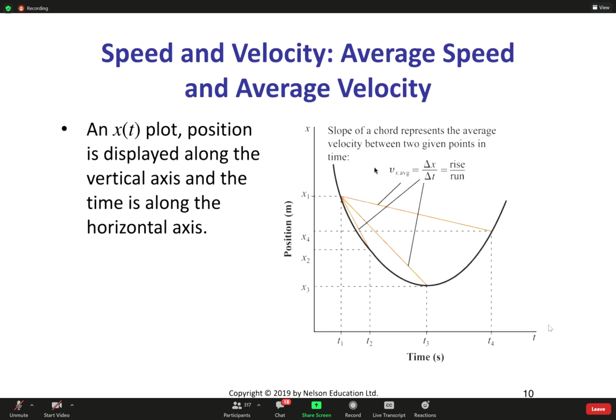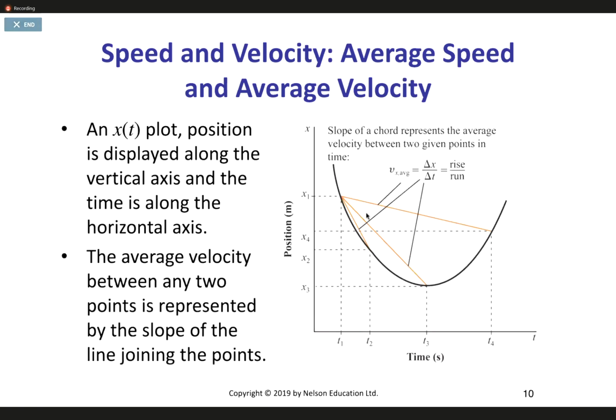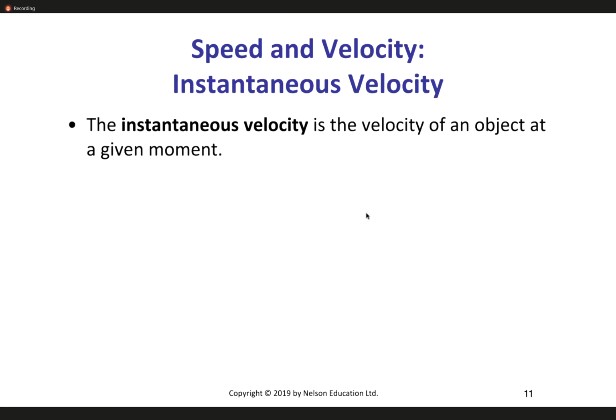Sometimes you'll be presented with position versus time graphs, where based on the graph, that's where you can read off what the average velocity is. The average velocity is just going to be the change in position between two times, and that's basically the slope of the line between those 2 points. You can also define something known as instantaneous velocity.